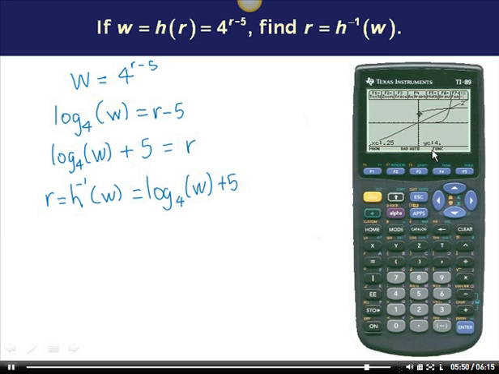So at least with the two ordered pairs we've looked at, we do see that the x and y, or in our case, the r and w coordinates do reverse, as we expect in inverse functions. So for our function w equals h of r equals 4 to the r minus 5, we have the inverse r equals h inverse of w equals log base 4 of w plus 5.